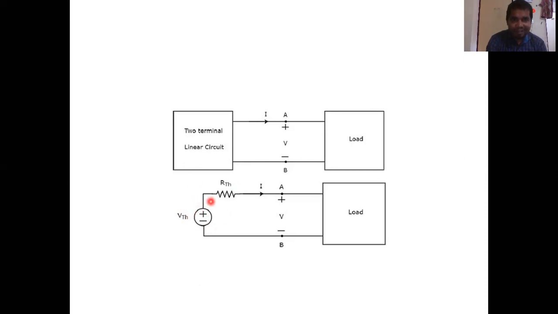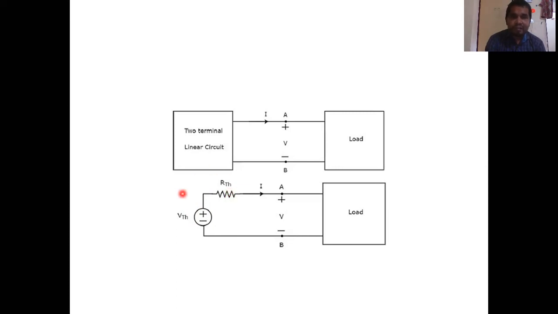This is called the Thevenin voltage source, the open circuit voltage, and then the equivalent resistance. You can simply say it is like a practical voltage source. Thevenin equivalent will represent just like a practical source.